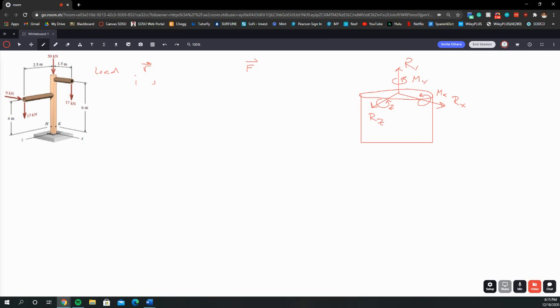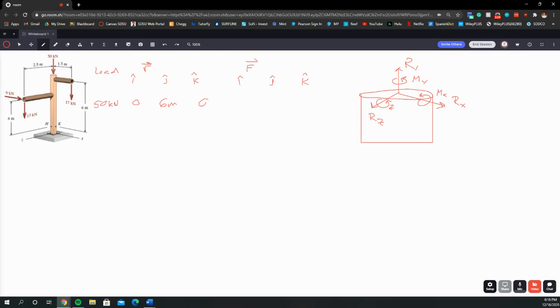They're going to be in i vector, j vector, k vector, i vector, j vector, and k. All right, so for the 50 kilonewton load, that one is straight up here in the y direction, so it doesn't go anywhere in x or z, so it's 0i, 0k, and then 6 meters up.